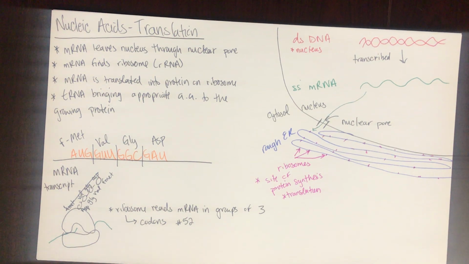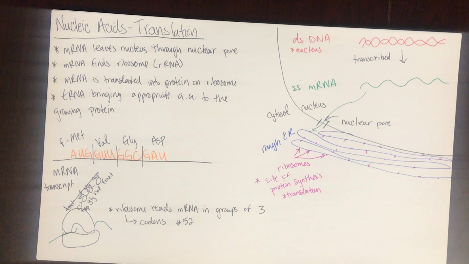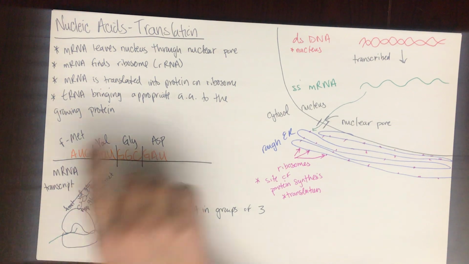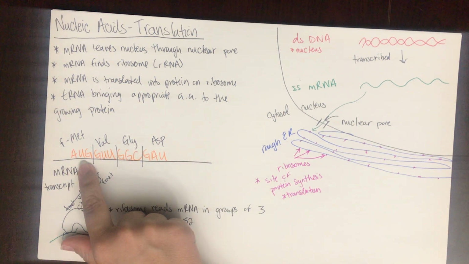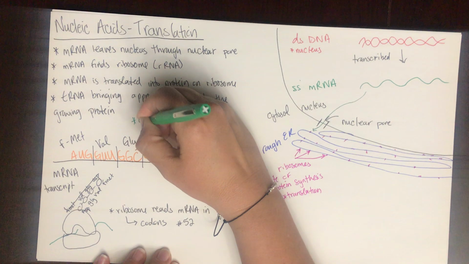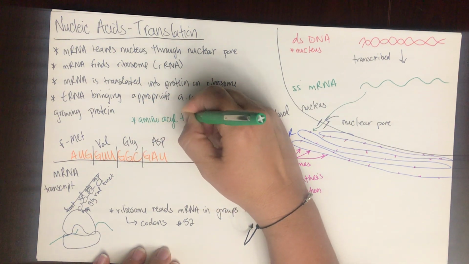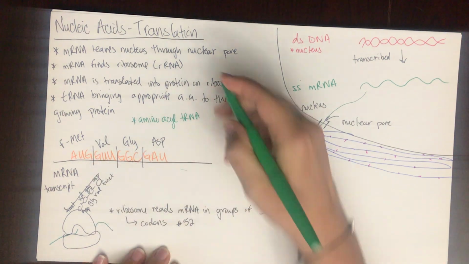There are 20 amino acids, but there are actually 64 3-letter codes that code for amino acids, which means for every 3-letter code on the chart on slide 52, there is what's called an aminoacyl tRNA for each 3-letter code.